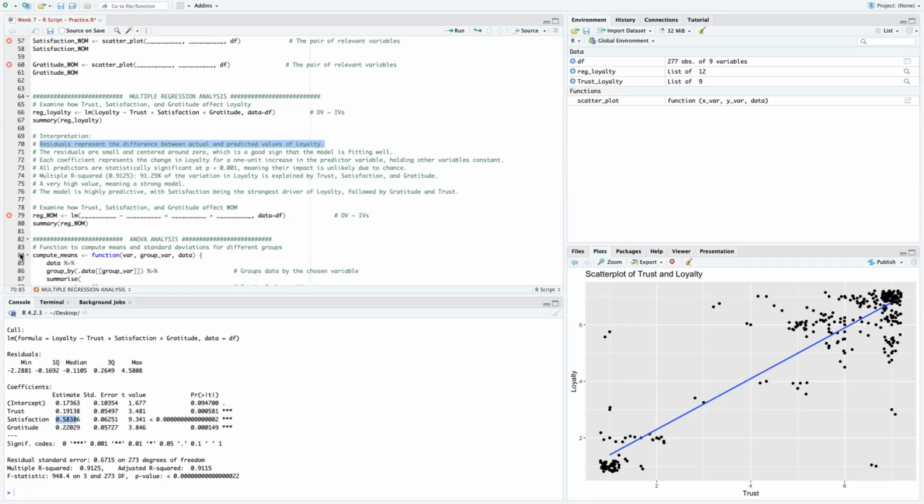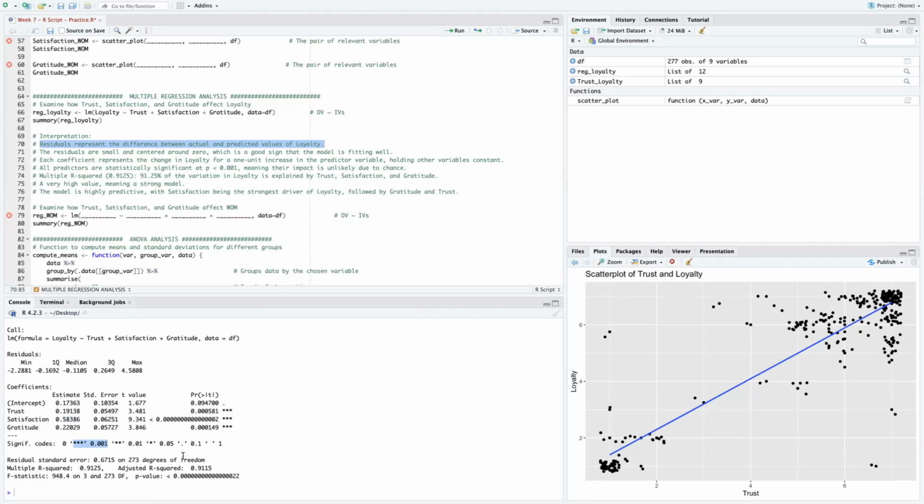All right. And again, all predictors are statistically significant at p smaller than 0.01, meaning the impacts are real, right?